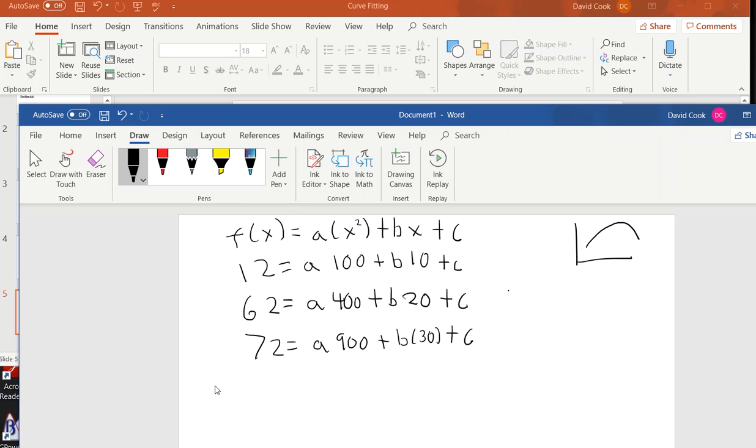So I'm going to take the first equation and solve it for c, and I'm going to take the second equation and do the same thing. Now I'm going to set these 2 equations equal to each other. And when I do that, I get this.